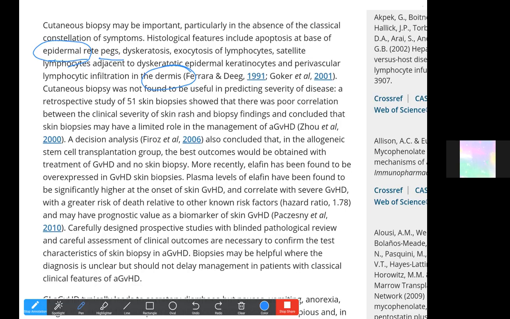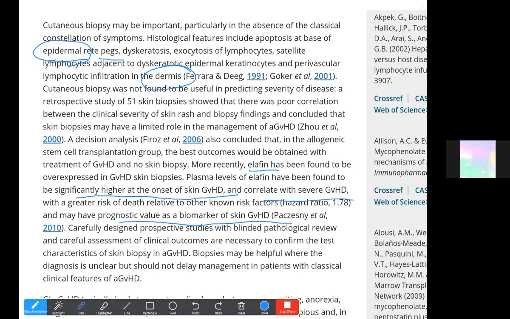More recently, elafin has been found to be overexpressed in GVHD skin biopsies. It was then used as a marker, and it has been found to be significantly higher at the onset of GVHD, and it correlates with severe GVHD, with a greater risk of death relative to other known factors. So this may have a prognostic value as a biomarker of skin GVHD.